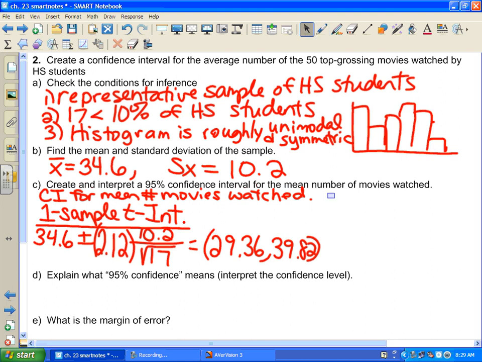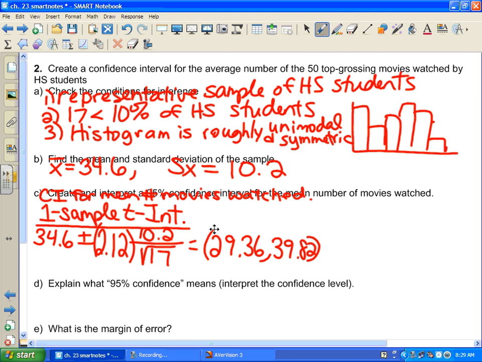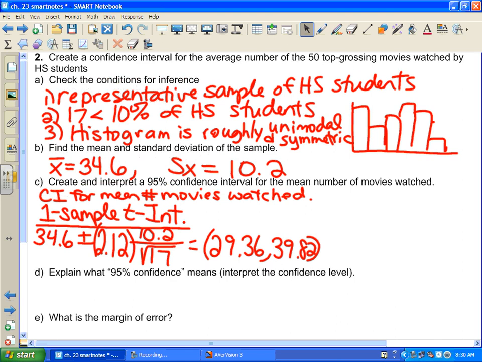So we are 95% confident that, what do we mean 95% confident of?